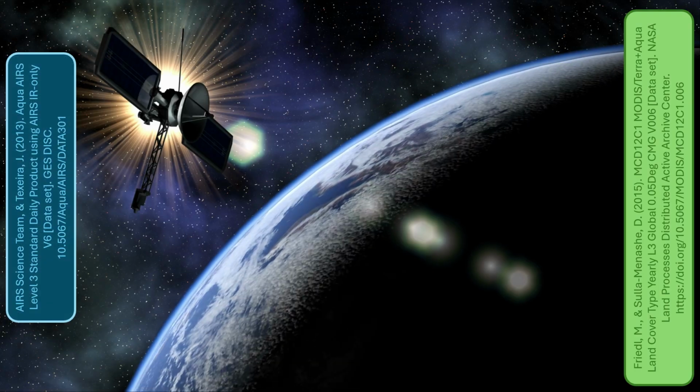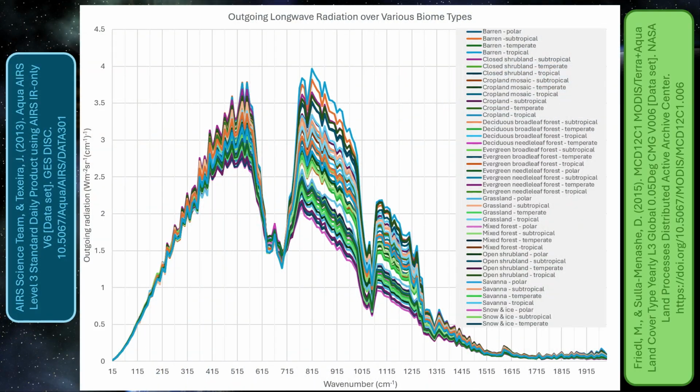These results reveal something important. Outgoing radiation is not uniform. It varies strongly depending on surface type, vegetation, and atmospheric conditions. Deserts, grasslands, and forests all behave differently, not just slightly, but systematically.